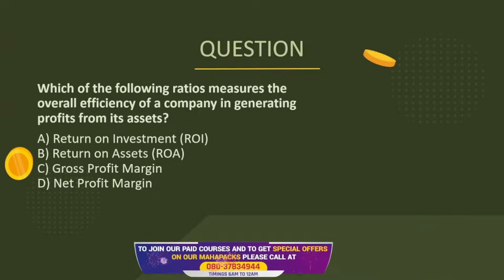Next question. Which of the following ratios measure the overall efficiency of the company in generating profits from its assets? ROI, ROA, then GP or NP? What would be the correct answer?